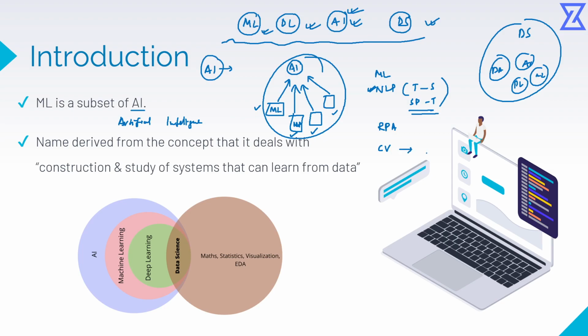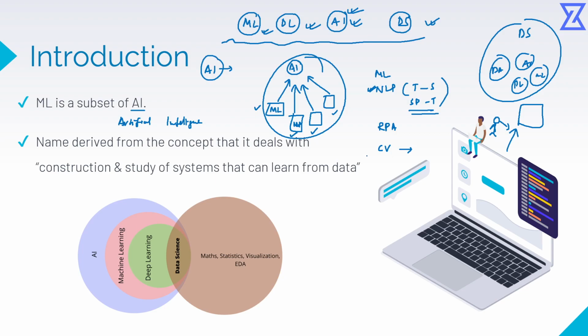Computer vision basically means, let's say somebody is thermal scanning. You are walking into some office premises, there is a camera, and that camera is doing thermal scanning and capturing your body's temperature. Or else imagine, these days many cities have implemented this.